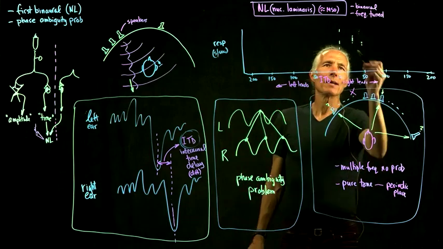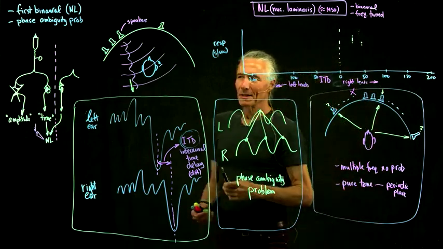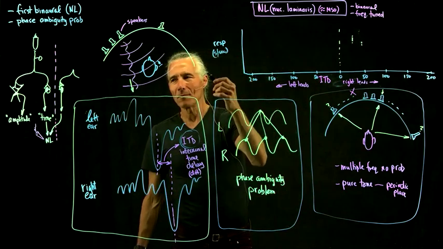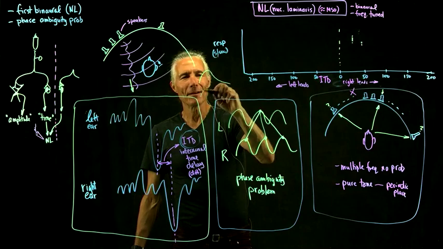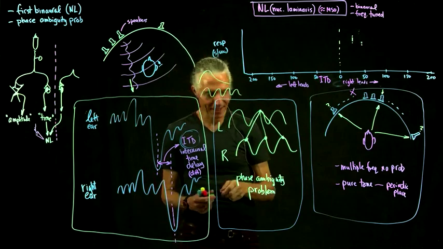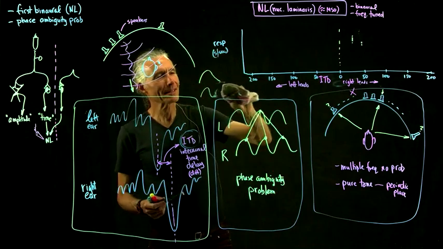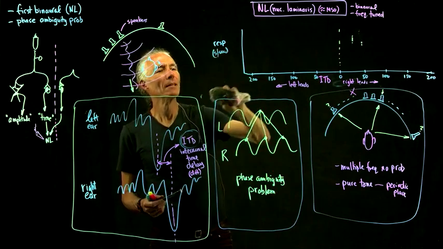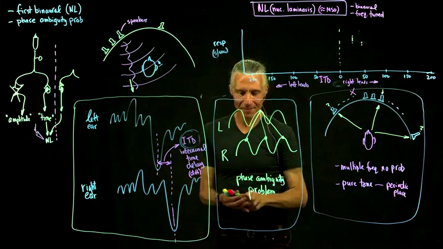And if you keep going, we've got a curve like that, and then we have some sine waves. So everything is sine wave. This is going to be a sine wave of responses as a function of interaural time difference.